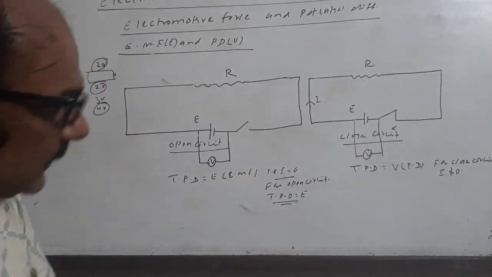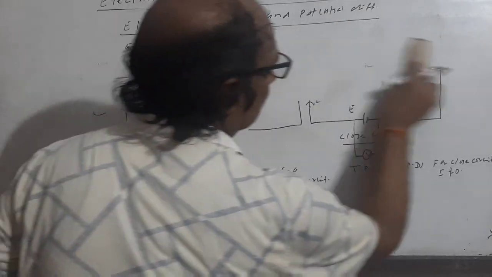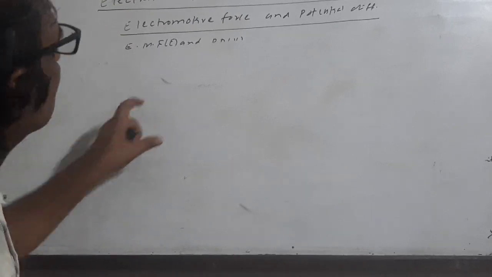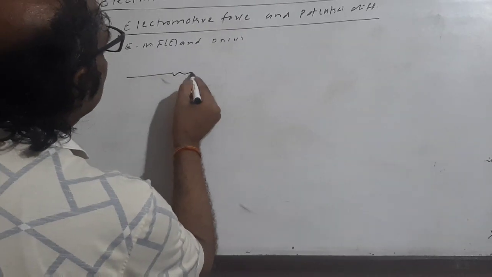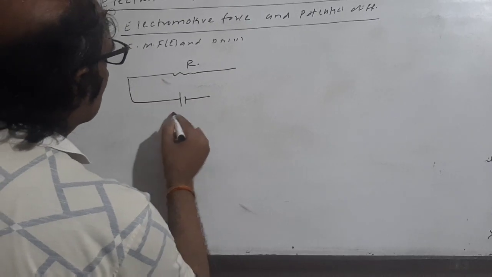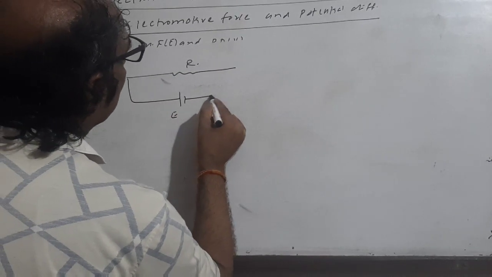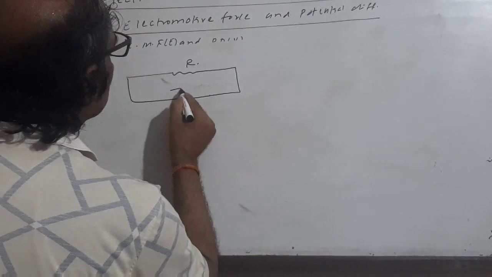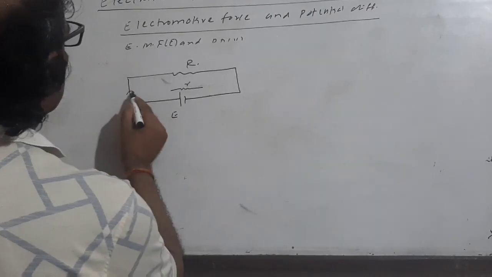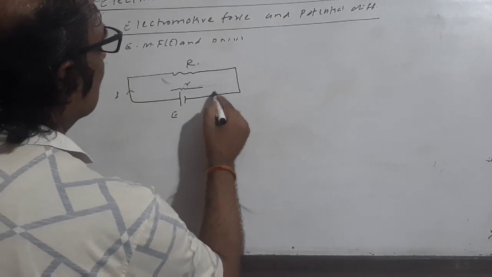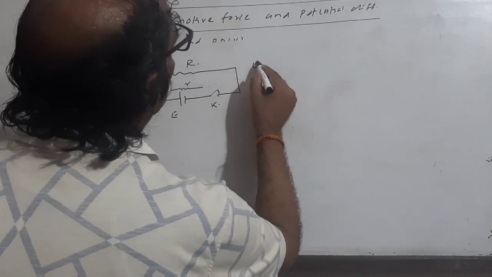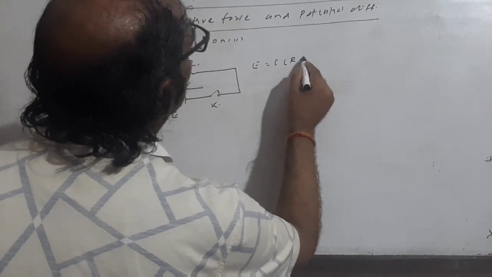Now come to the point in terms of the work done. So in this figure, R, this is the source of EMF E, and there is an internal resistance, a small r, and the circuit is closed by K. So E equals IR plus Ir.